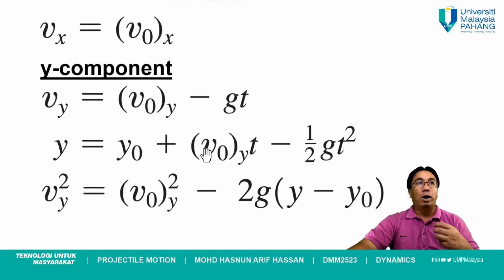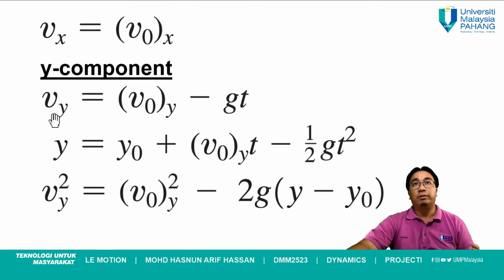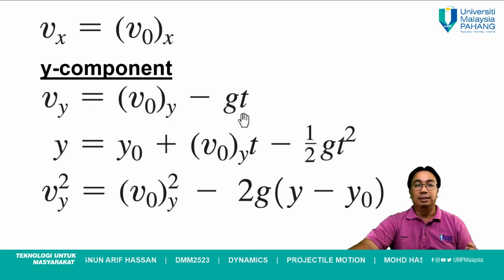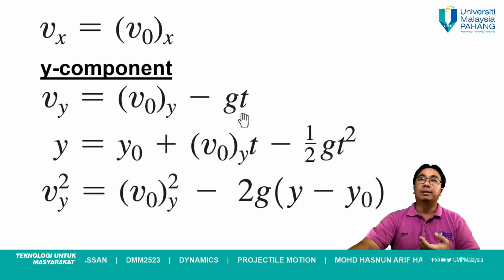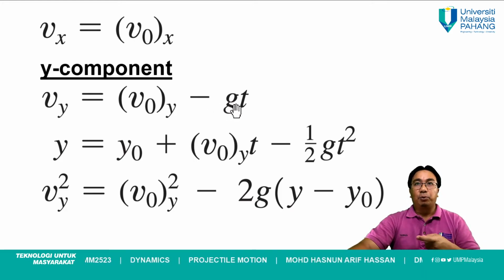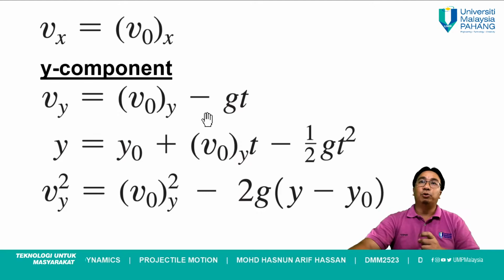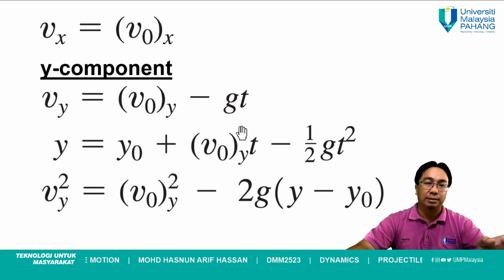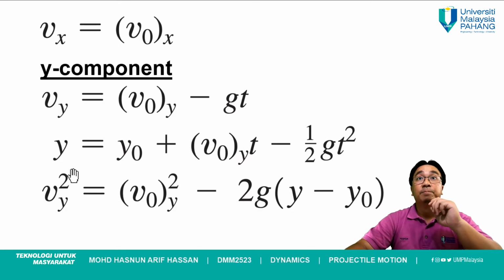Manakala untuk Y component, you have Vy is equal to V naught Y minus GT. Macam saya cakap tadi, you boleh tulis minus 9.81 T ataupun you boleh tulis minus GT sahaja. Doesn't matter, sama sahaja. G is equal to 9.81.